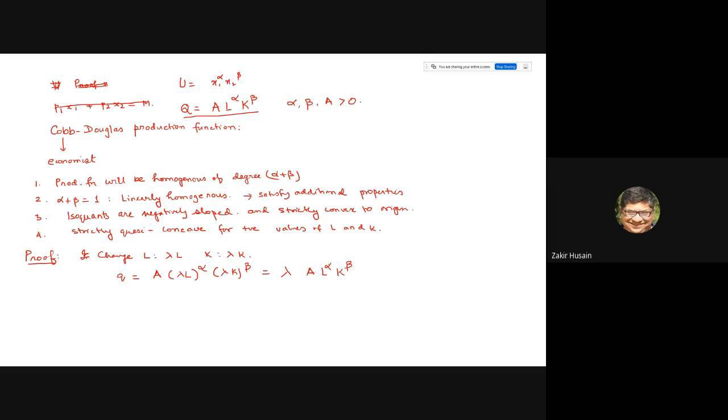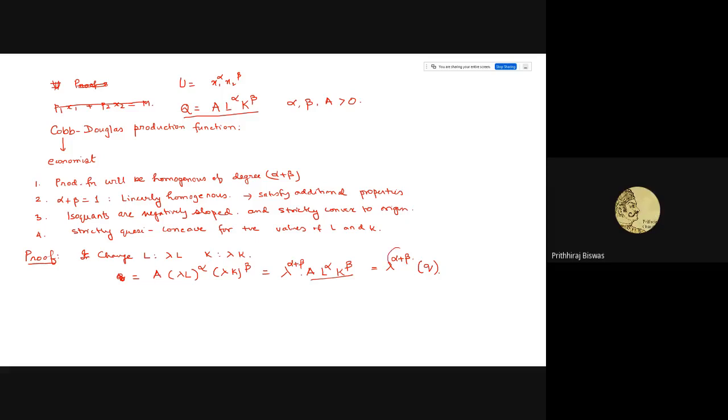So lambda to the power of alpha plus beta. Now what is this? Can I simplify this? This is simply Q. So what is the degree of homogeneity?